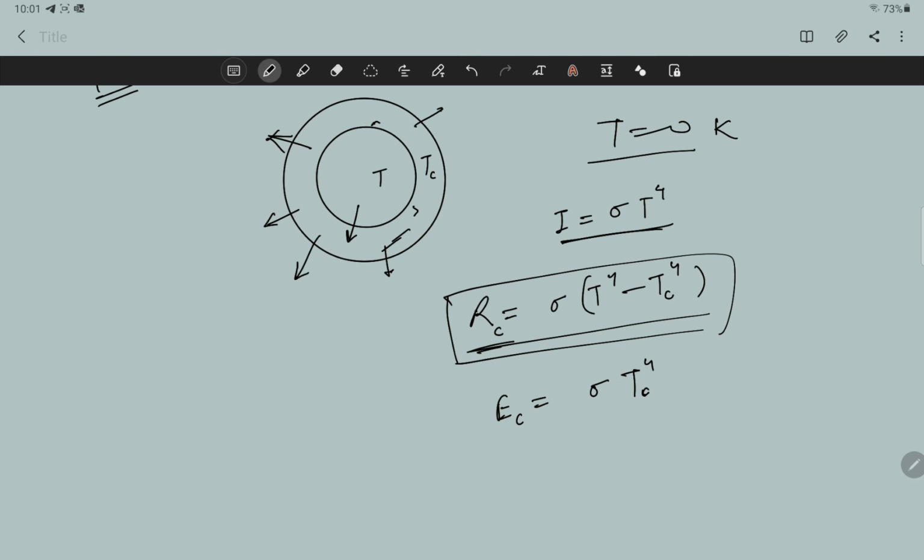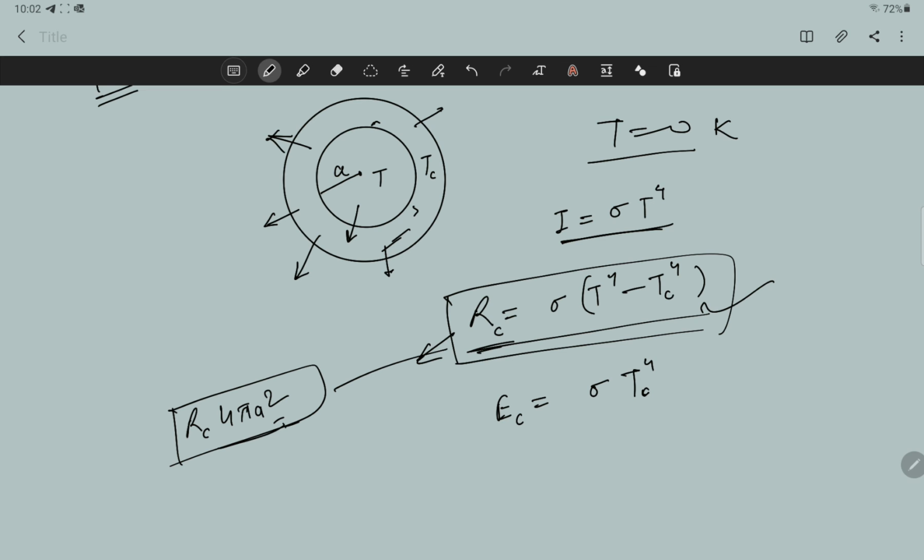Let's say the radius of the star is a. If we multiply the received energy by 4 pi a square, we integrate over the total surface area, and this is per unit time, so it gives the net amount of energy absorbed by the cloud from the star.